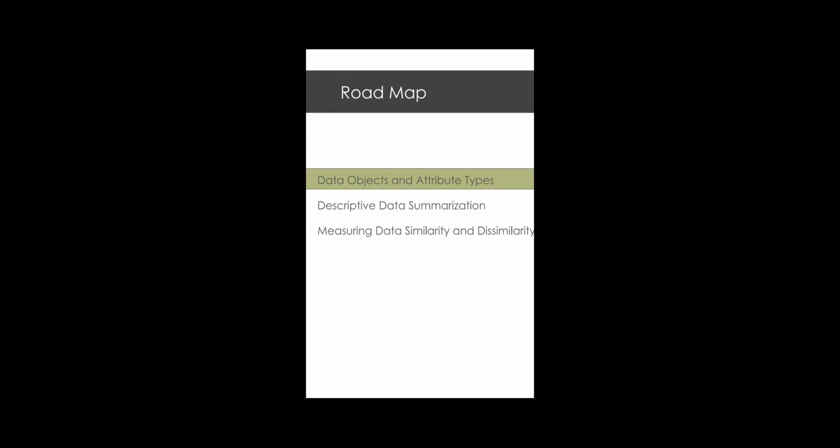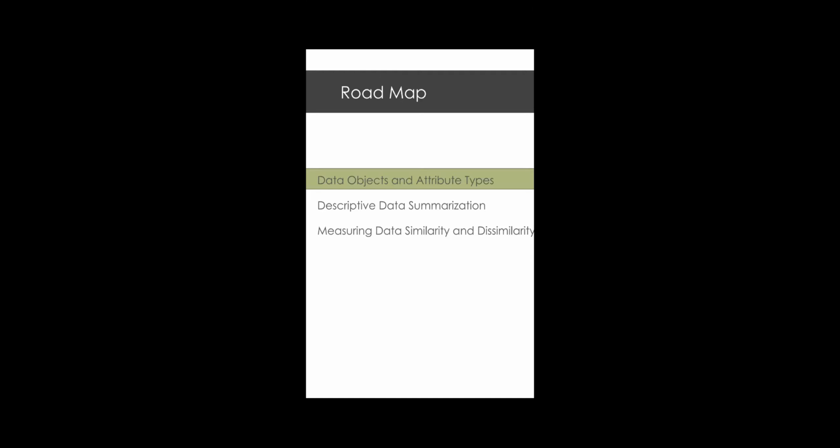Here, the first concept you have to discuss is data objects and attribute types. What are data objects and what are attribute types? Generally, data sets are made up of data objects. A data object represents an entity.